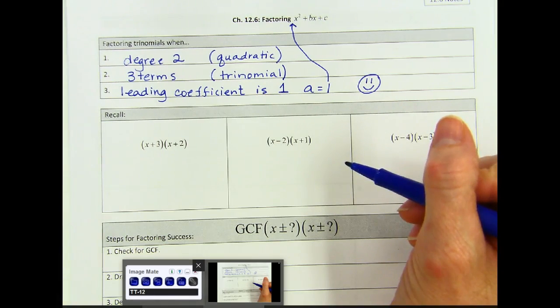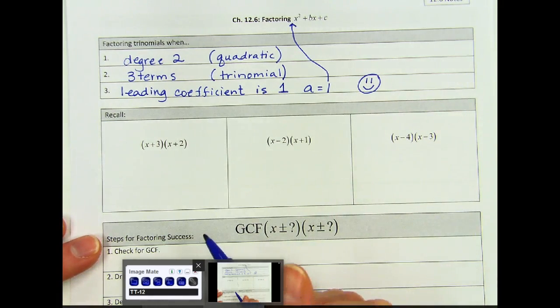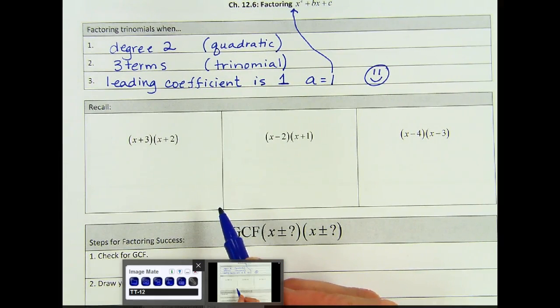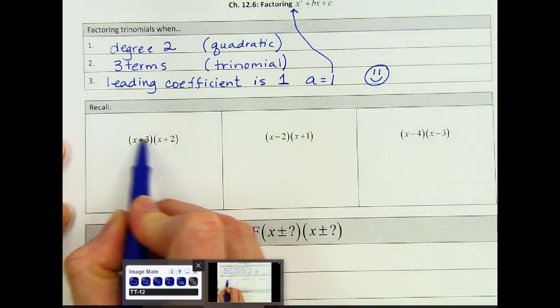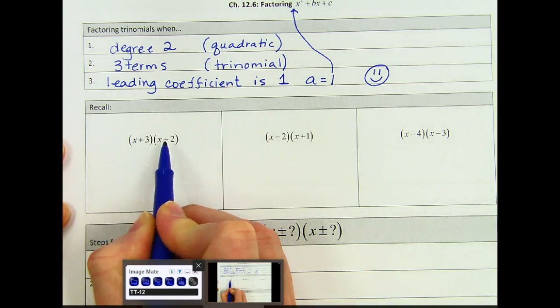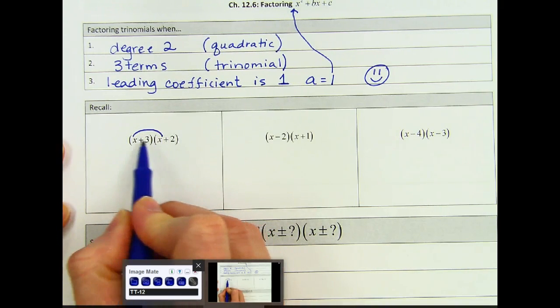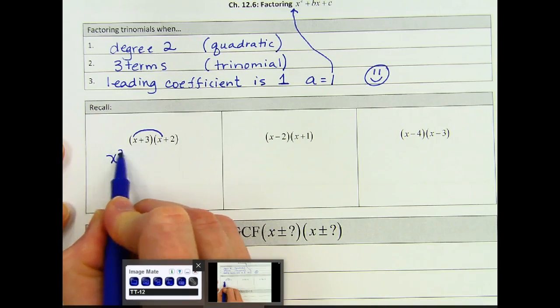Now, the first thing we want to recall, however, is what it means to multiply a polynomial. Because if you think about factoring, it is unmultiplying, or the opposite of the distributive property. So this is what we have done so far. We have distributed this binomial to this binomial, and we distribute 4 times. We would go first, which would be x squared.